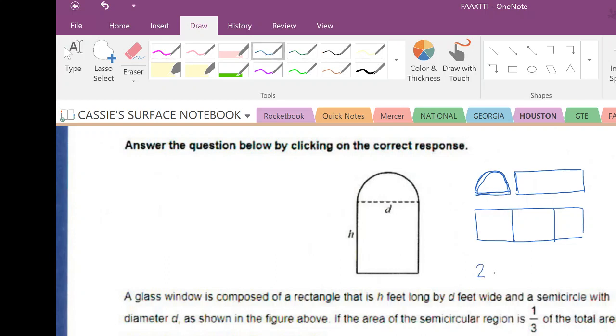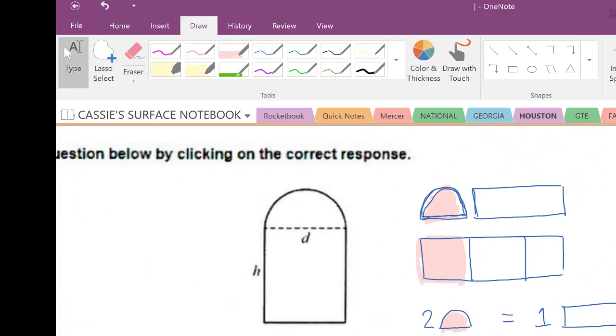You could either say that 2 semicircles equals 1 of the rectangles, or you could say 1/2 of a rectangle is equal to, because if you notice, this is the semicircle that I'm coloring in pink, you could either say that 2 of those pinks equals 1 of the double box of white, or you could say 1/2 of the double box of white is equal to 1 semicircle. And it doesn't matter which one you do, but that's how this particular proportion works.